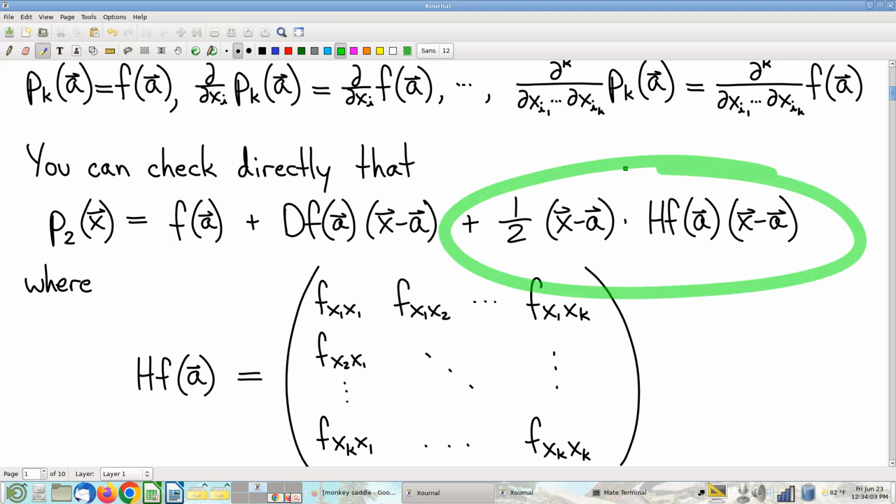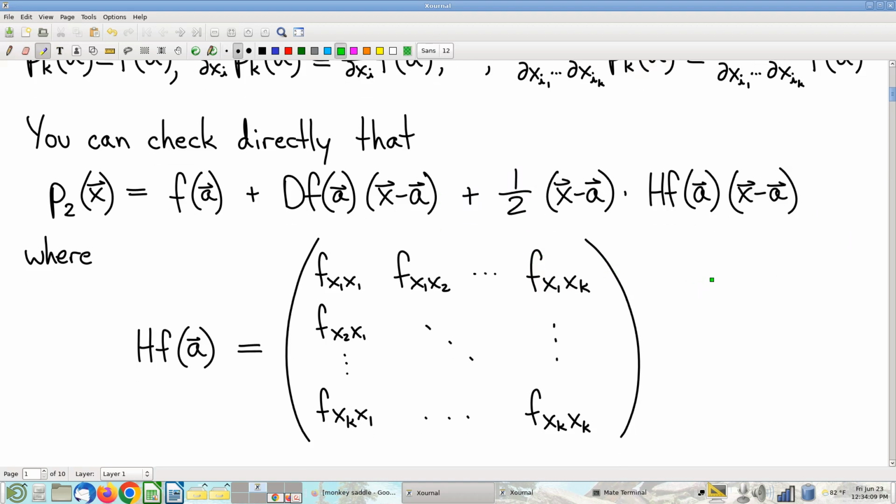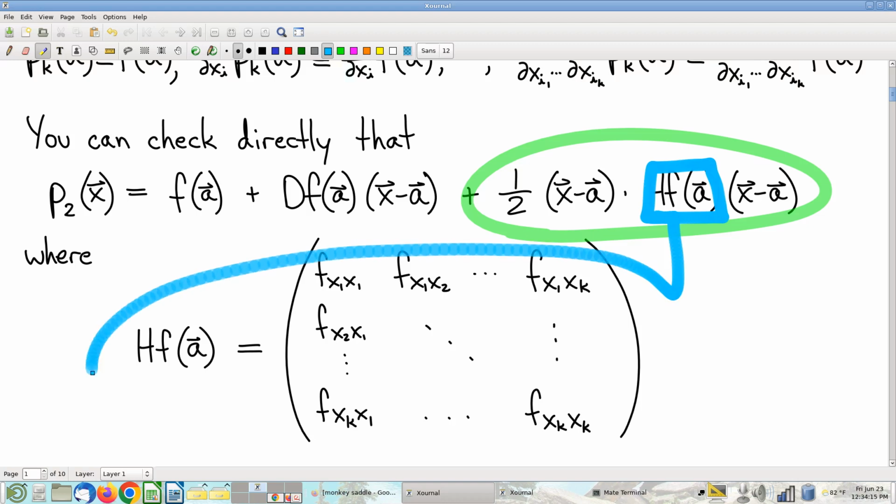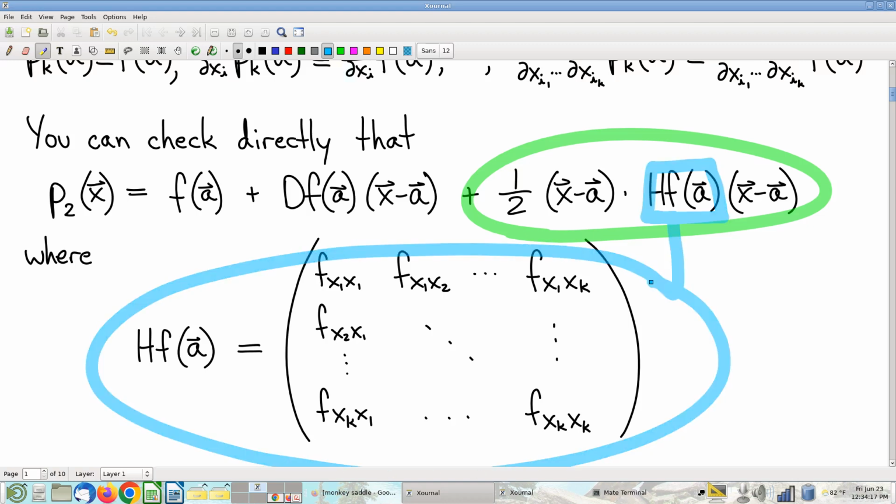This is a trial and error observation, really. But here's the formula. It's this thing right here, where there's a matrix called the Hessian matrix with which you generate this quadratic form. And there's a term that y'all might have thought you'd seen for the last time in linear algebra, and yet here we are.